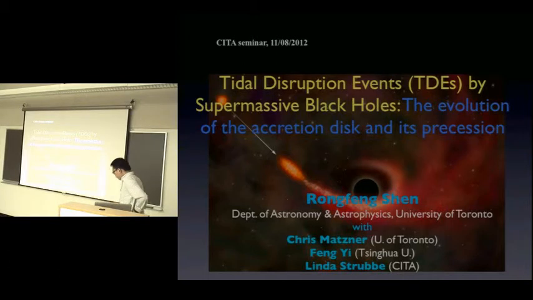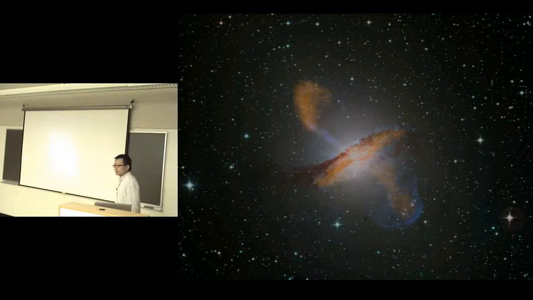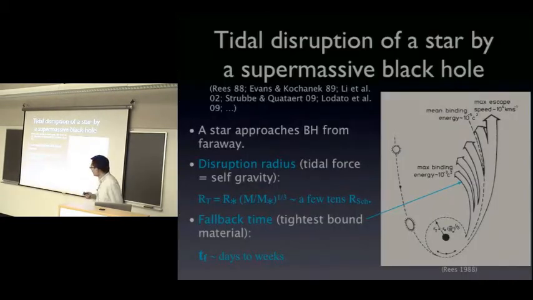So to start, we know in the universe there are many active galactic nuclei, and we have a fair amount of evidence suggesting that in the center of each active galaxy, there is a supermassive black hole sitting there and powering the AGN activity we see. But how about non-active galaxies?